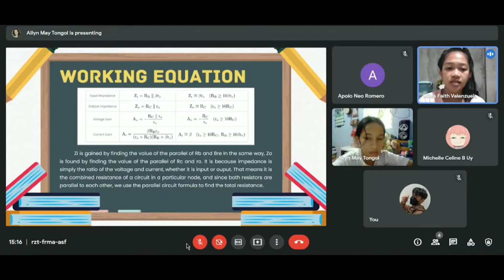It is because impedance is simply the ratio of the voltage and current, whether it is input or output. That means it is the combined resistance of a circuit at a particular node. And since both resistors are parallel to each other, we use the parallel circuit formula to find the total resistance.